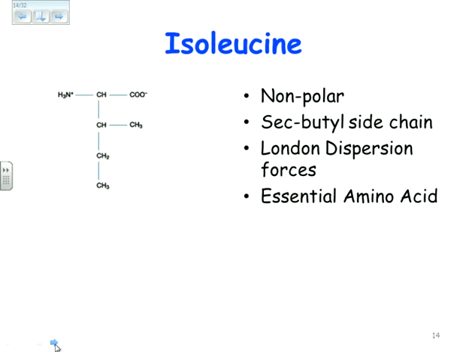And then our last one for the exam is isoleucine. Isoleucine is a sec butyl. Butyl, again, meaning 4 carbons. But if you count here, do you see 1, 2, 3, 4 as our chain here? And which carbon is connected to the amino acid part here?